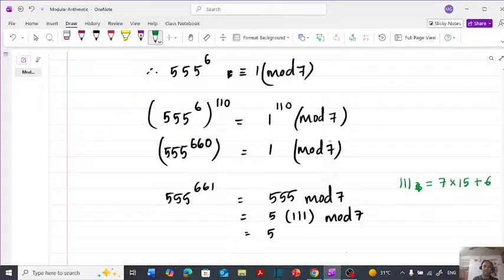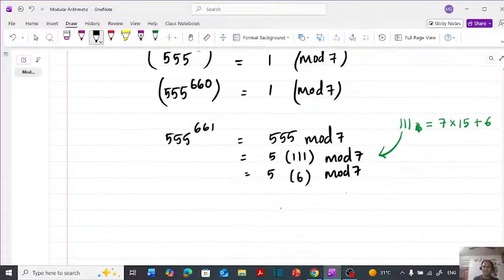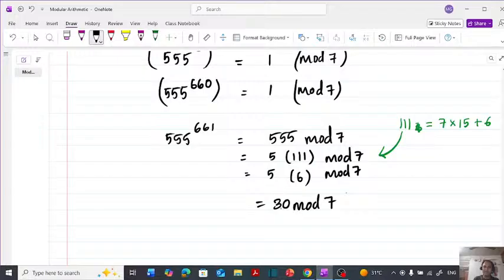Okay, so you have your remainder coming as 6 mod 7. So 6 times 5 is 30, 30 mod 7, and that's going to be 2 mod 7, right? So 5 power 661 gives you 2 mod 7 as your answer.